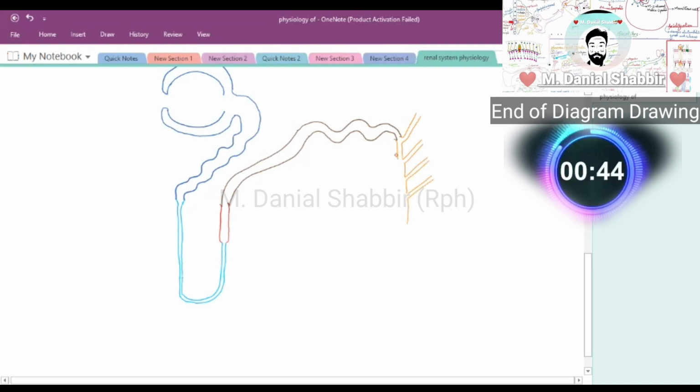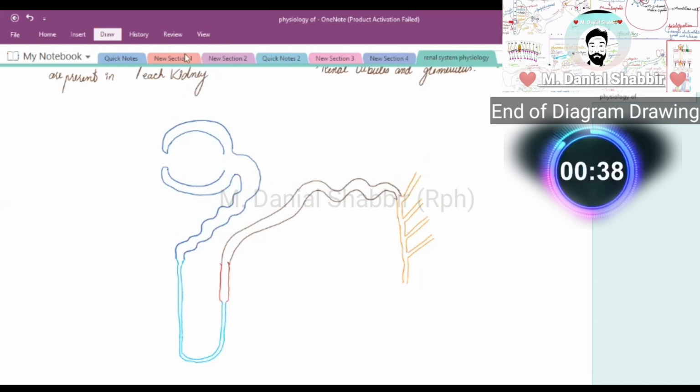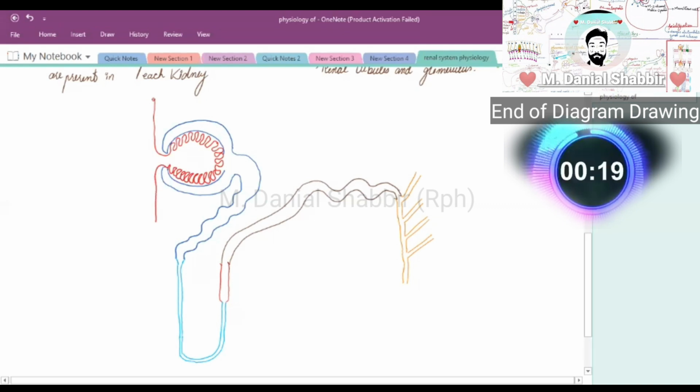These are the collecting ducts. Okay, I will label it later on. Okay, now I am going to label it.